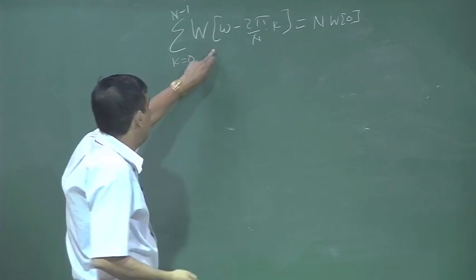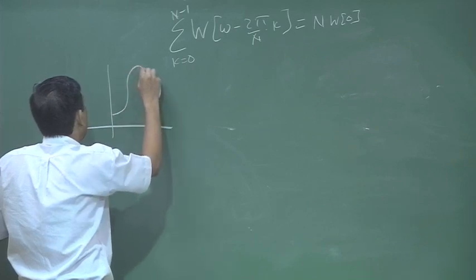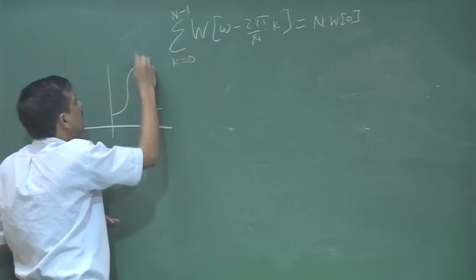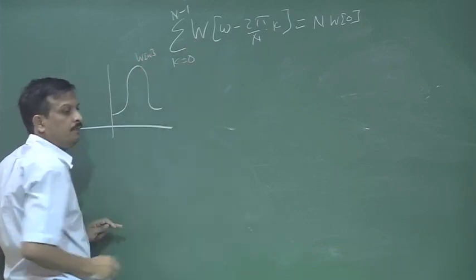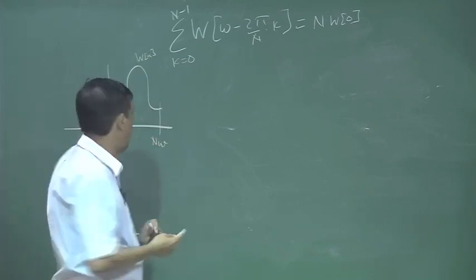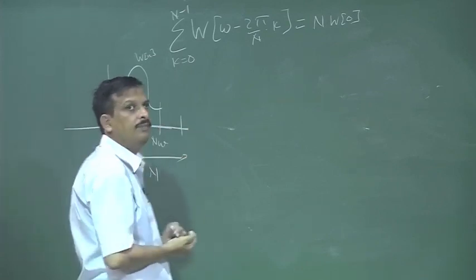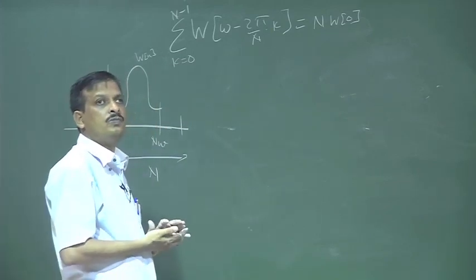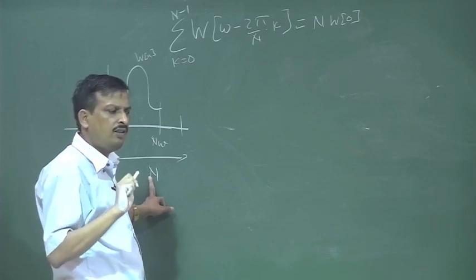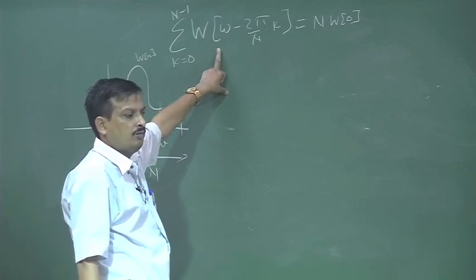So, it is expressed that suppose this is my filter response, this is W, this is N W, and I have taken an analysis window which is N. So, N W is less than the analysis window, so it satisfies the FBS constant, and it says that the summation of filter response.